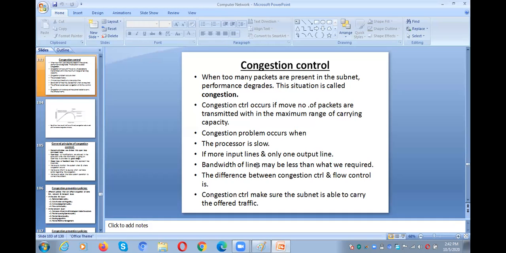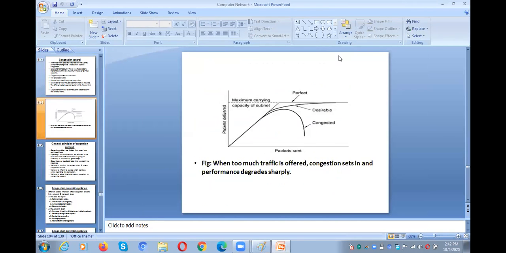What will the congestion lead to? The congestion leads to collisions. In order to avoid such a problem, observe this diagram. If more packets are delivered through a network, initially the network performance will increase.